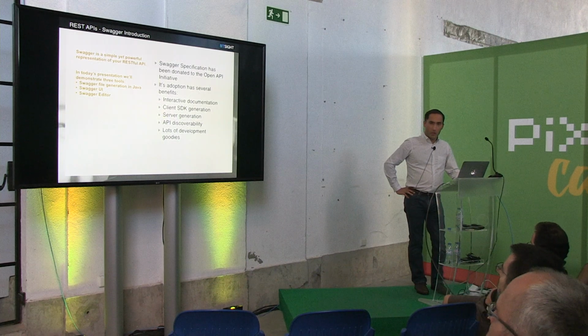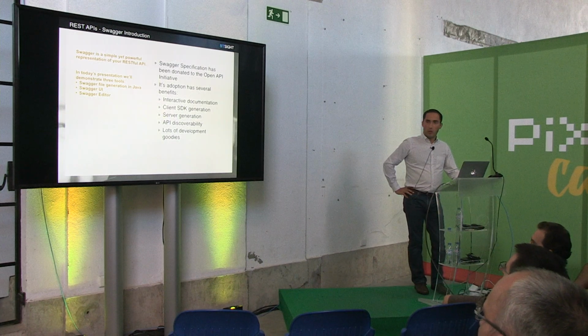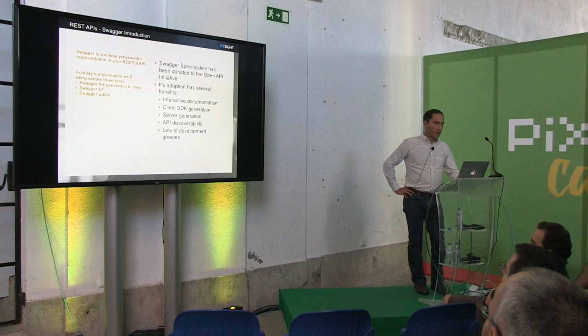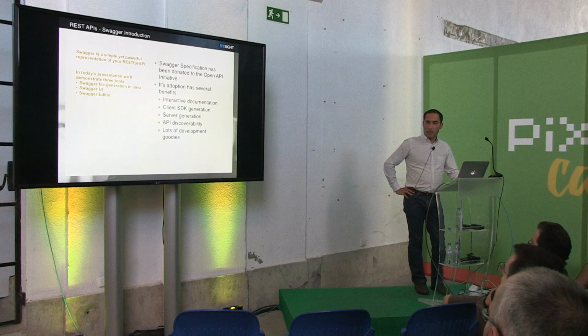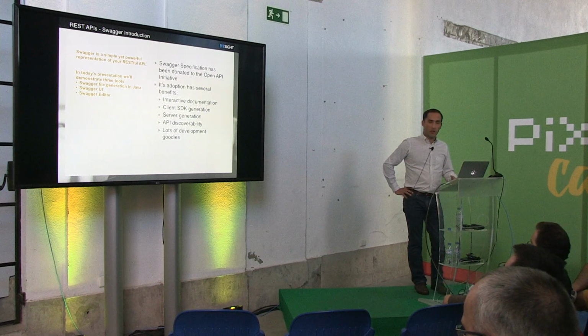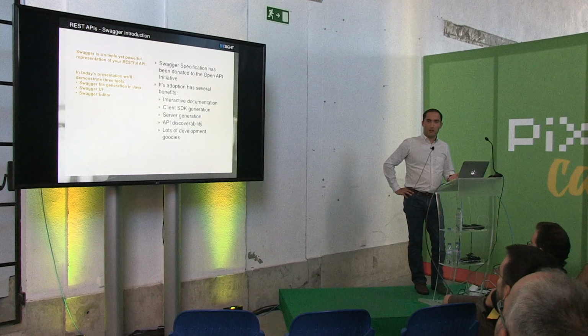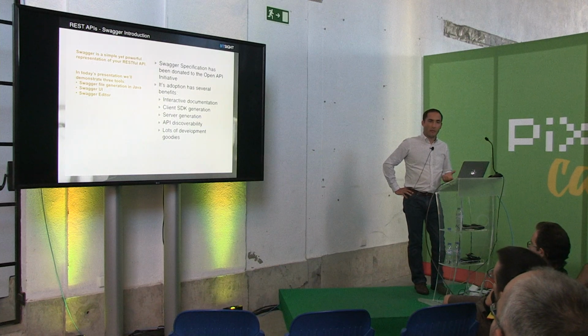The Swagger file generation: we'll annotate the code in Java with the Swagger annotations. This will be plugged into Maven. So every time I do a Maven package, I will have my Swagger file regenerated and my documentation generated, so I don't have to write my Swagger file by hand.